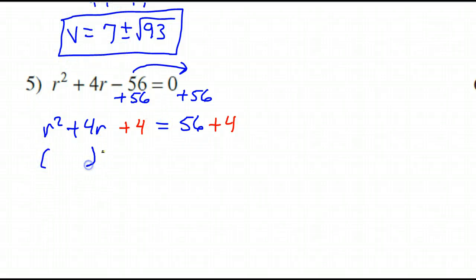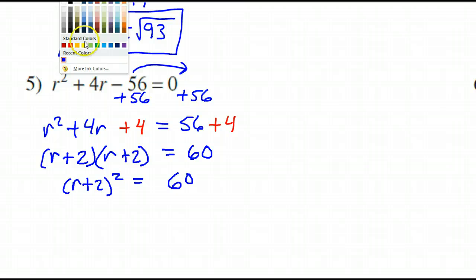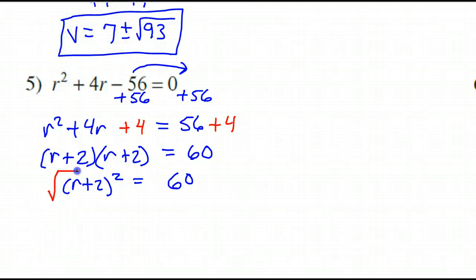If I factor this, I should now get the same thing twice. So that's going to be r plus 2 times r plus 2. I can write that as r plus 2 squared is equal to 60. And then I can take the square root of both sides. Do not forget your plus or minus.